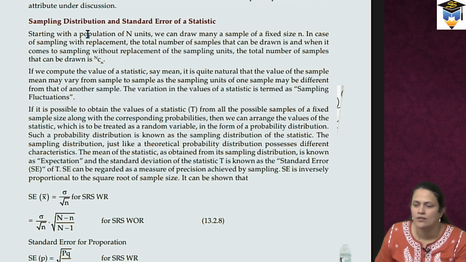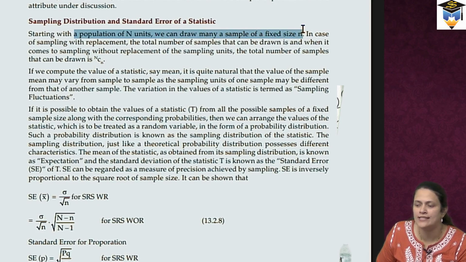So write down population of n units. Population is given of n units. We have to draw a sample of fixed size small n. From the population of n units, we have to draw a sample of fixed size small n.